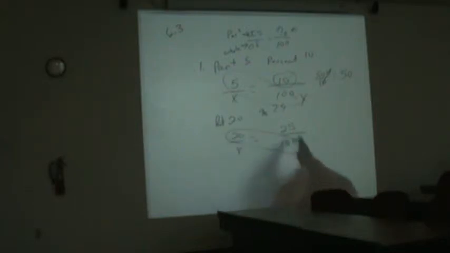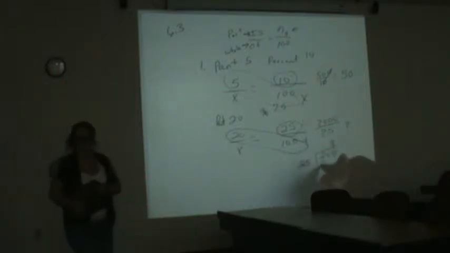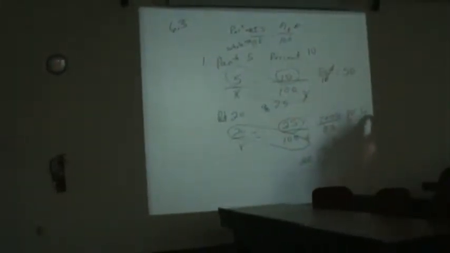So 20 times 100 divided by 25. Okay, divide by 25. That gets a 1 over item. 80. 200 is 8 quarters, right? So it's 80. 80 over 1 is 80.